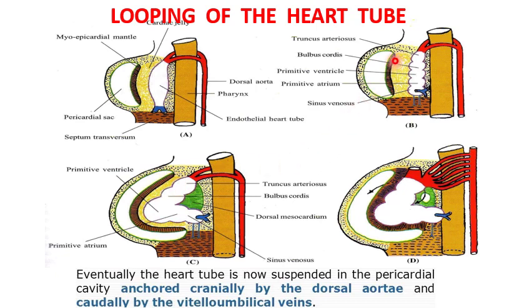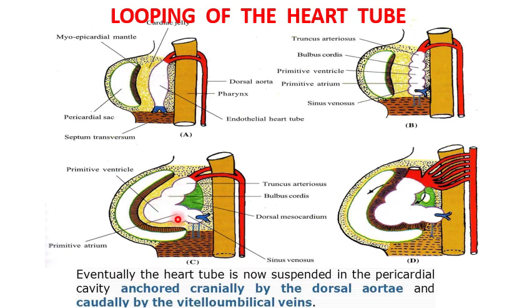Once there is enormous growth in the bulbous cordis region and the heart has to accommodate in this area, the heart first grows ventrally and caudally and indents into the pericardial sac in a U-shaped manner. This cardiac loop is mainly formed by the bulbous cordis and the ventricle.